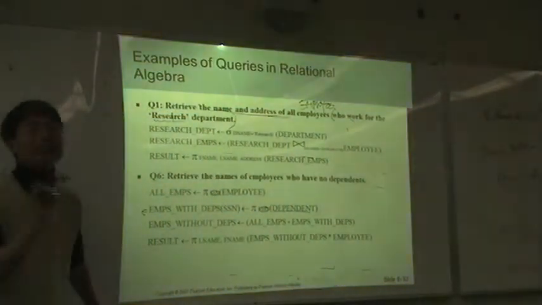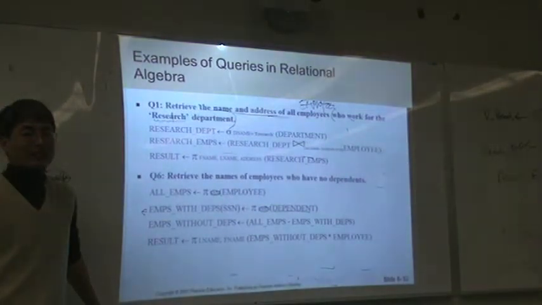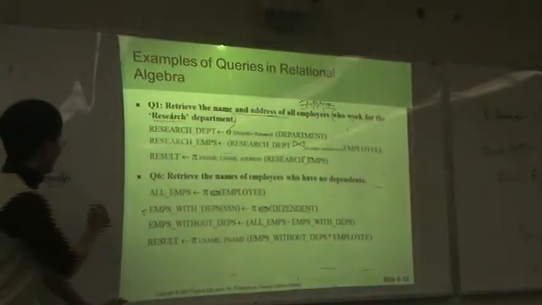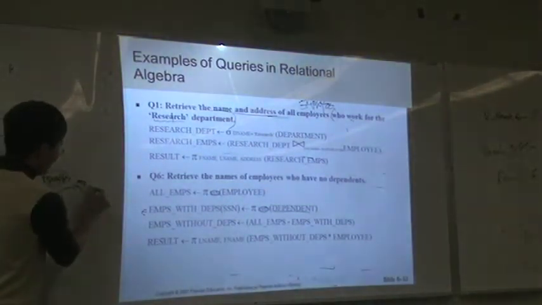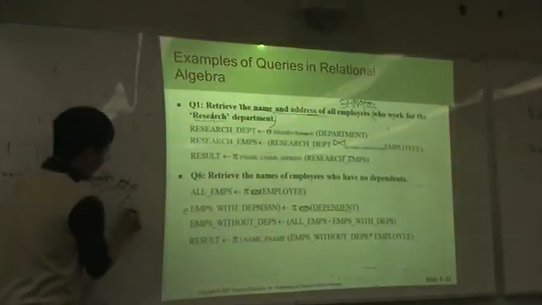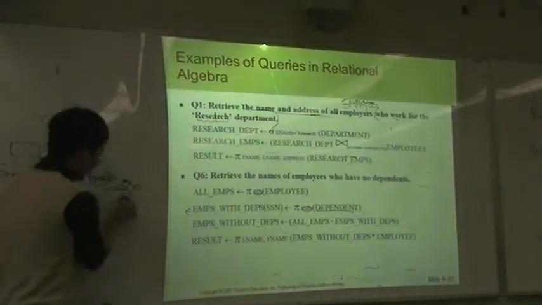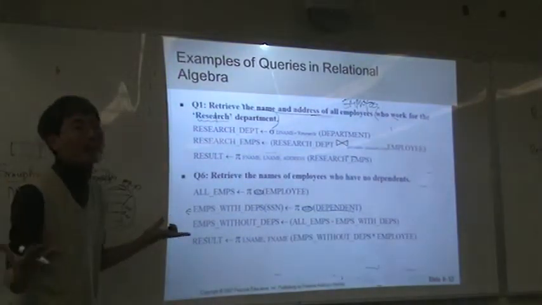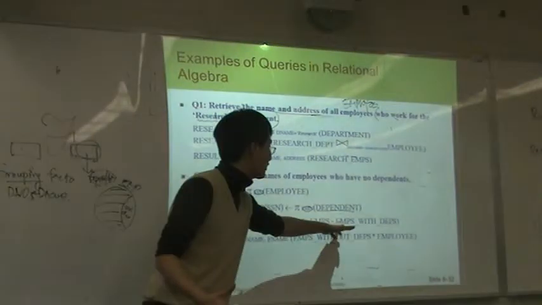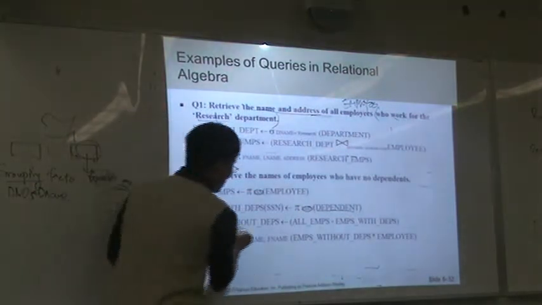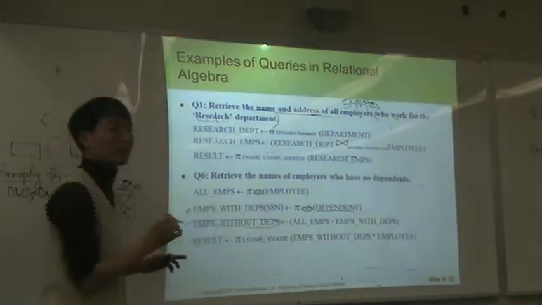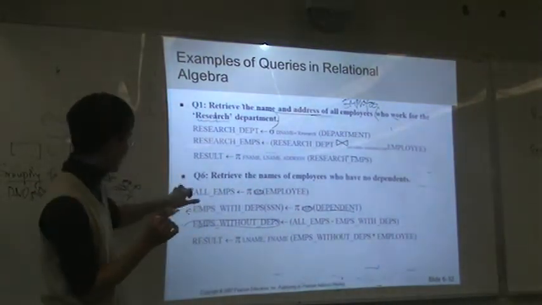Employee who has dependent. Then we can minus. This is employee. This is the employee with dependent. We need this. We can take out, minus. Then this is the social security number only. Right? This is only the social security number.